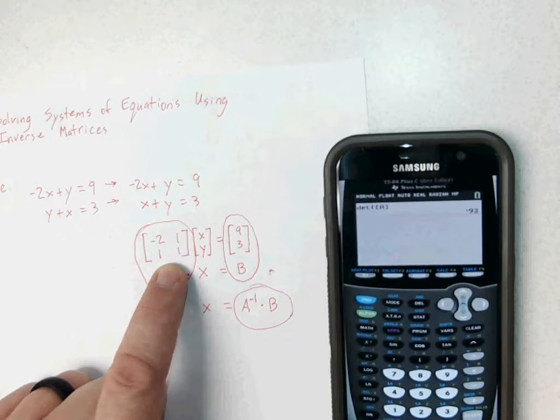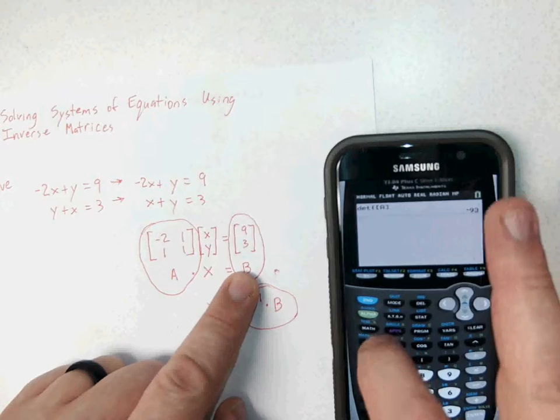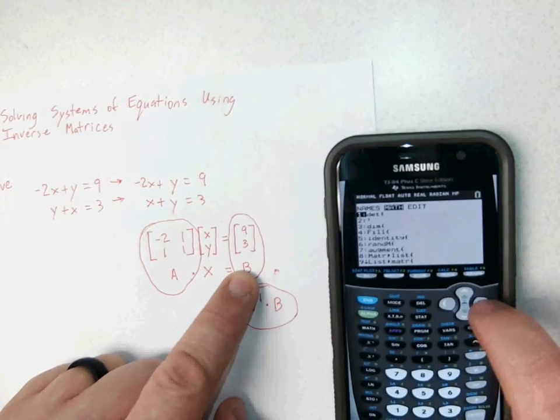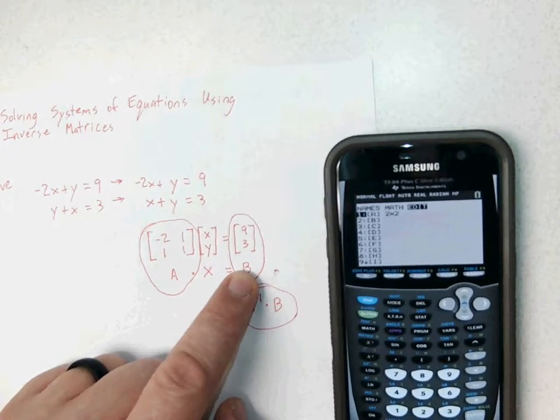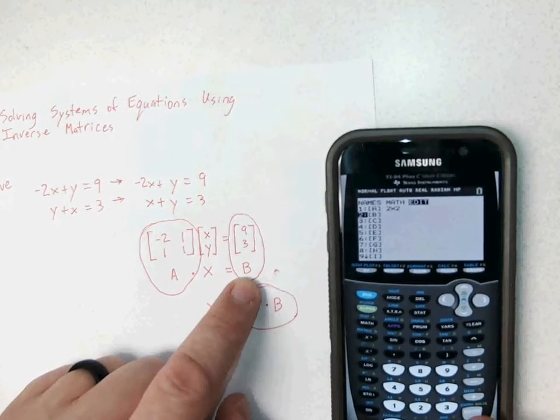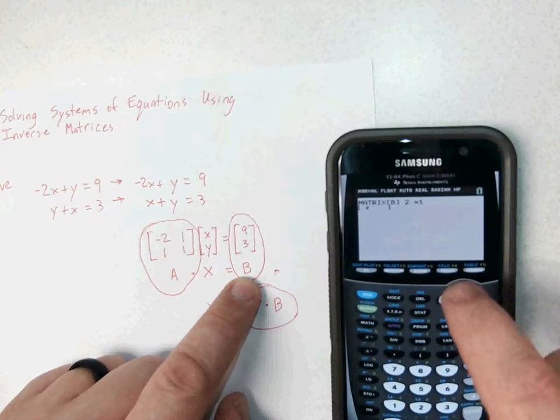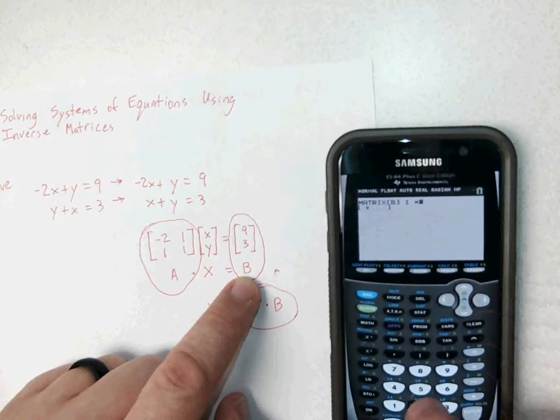Next, I need to also put in matrix B. So repeat, second matrix, go over to edit, but don't edit A this time, please. You don't want to get rid of what we just put in. We're going to choose B. Its dimensions, 2 by 1. If you make a mistake, and let's say I put in 1 by 2 on accident, look at it.